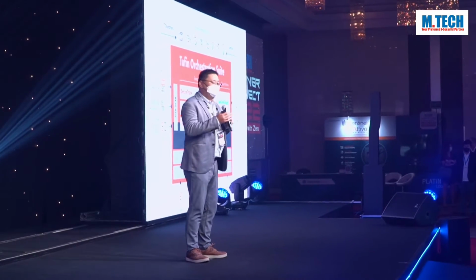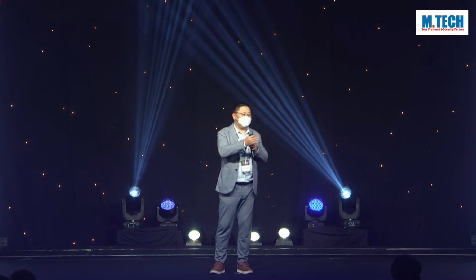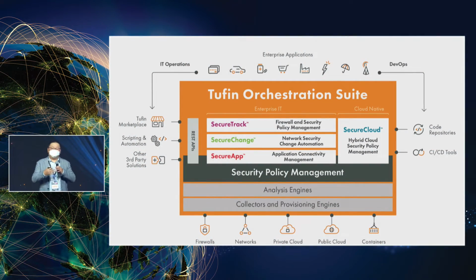At the bottom here, we have the collectors and the provisioning engine that talk to the various platforms, the network devices, firewalls, routers, switches and cloud security group policies, pull in this information, and analyze the security rules we have captured. From there, administrators can perform their cleanup activities, and also perform change automation using this collected information.